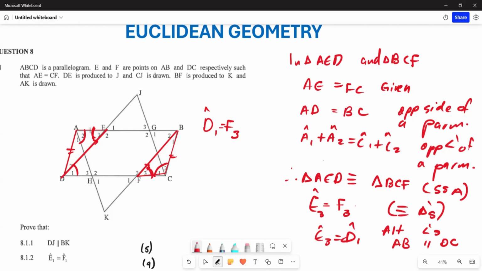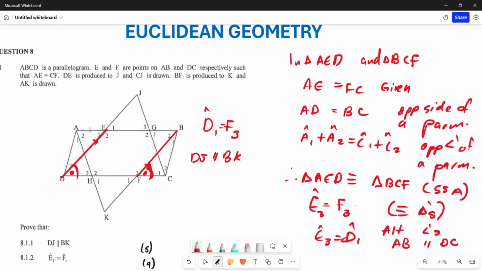As soon as I can say that these angles are equal, can you see that the corresponding angles are equal in this line? If you remove all these things so that you can see, all these are going to be corresponding angles, right? So if this angle here is equal to this angle here, the corresponding angles are equal, which means my DJ is going to be parallel to my BK.